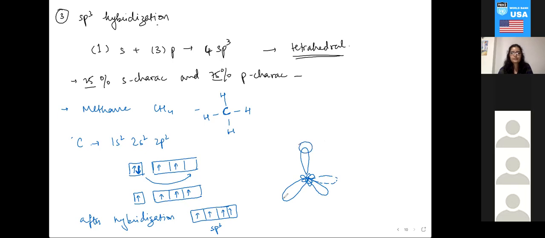Each of them is bonded to a different hydrogen atom. All of it is sigma overlap. So this is the central atom carbon, and each of these is hydrogen.